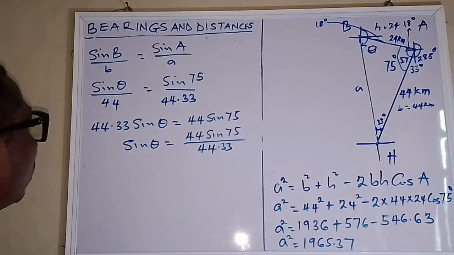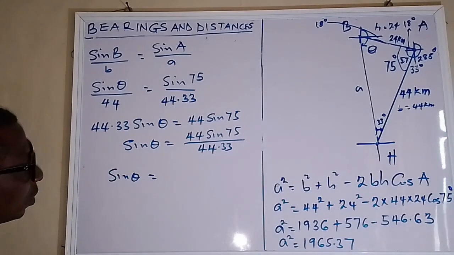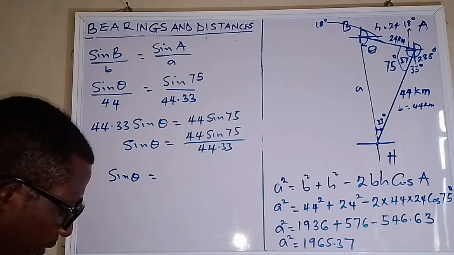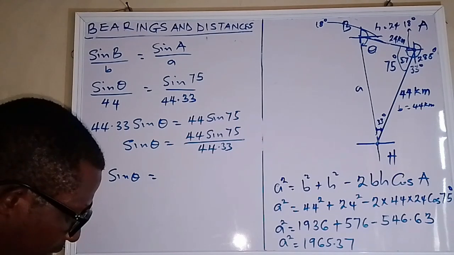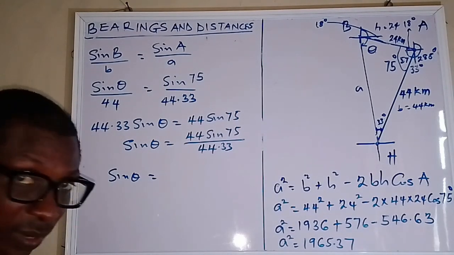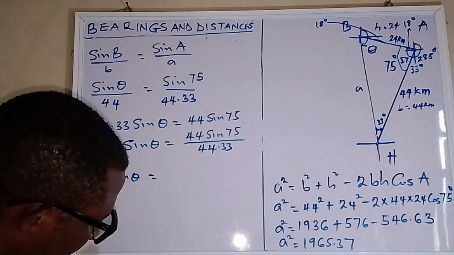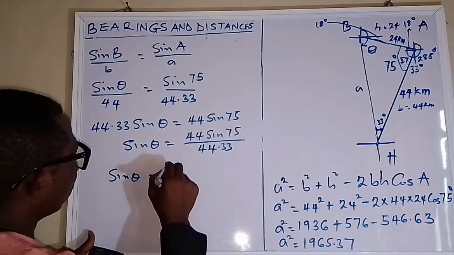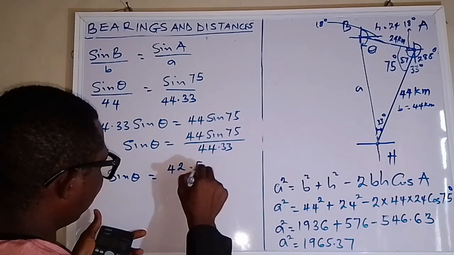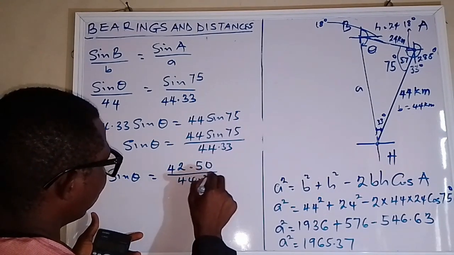Now we have sine theta equals 44 times sine 75. You can press that on your calculator. So you have 42.50 over 44.33.